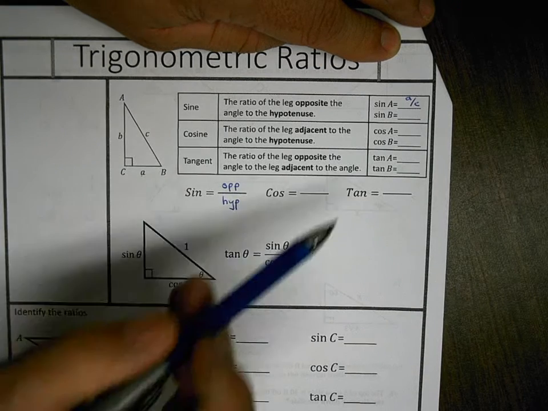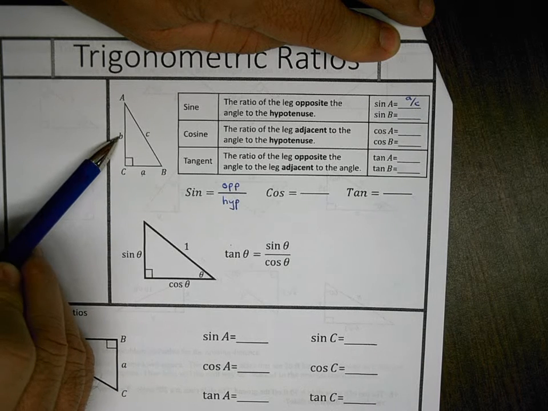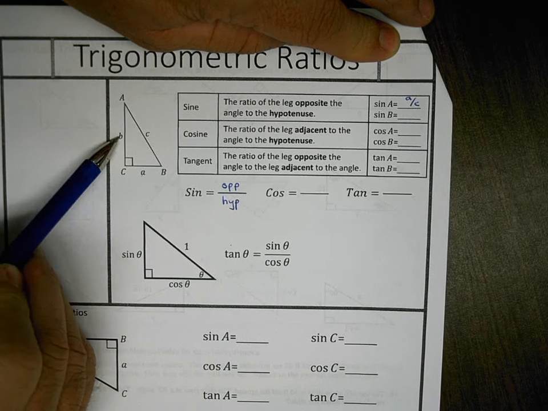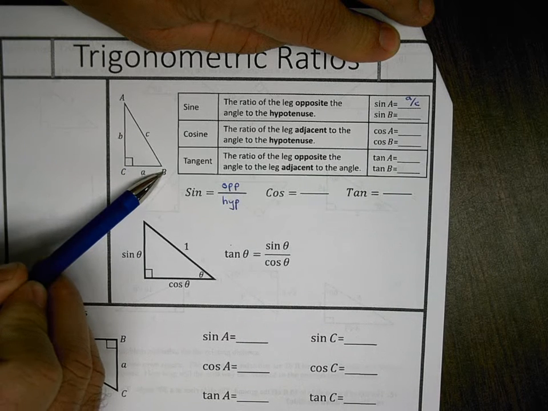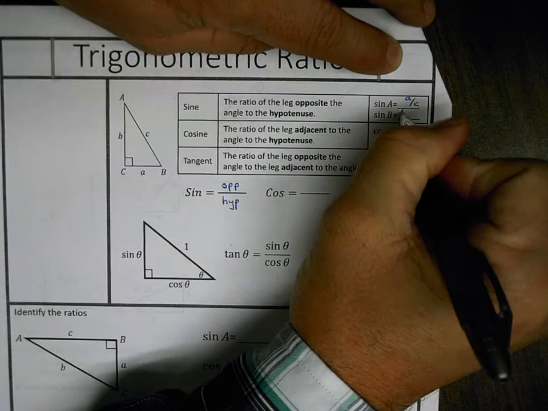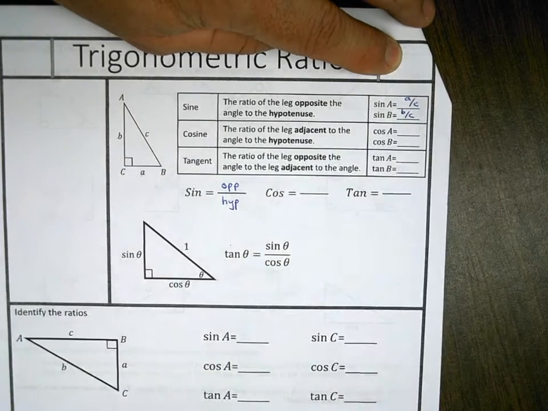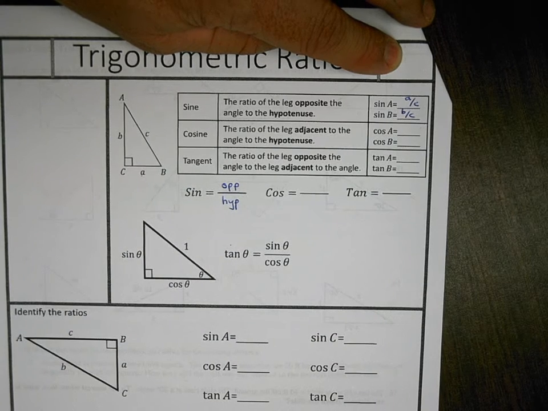Now the sine of B, here's angle B. What side is opposite angle B? In this case, it's lowercase b, and the hypotenuse is still C. So the sine of angle B is B over C. That's sine, opposite side over the hypotenuse.